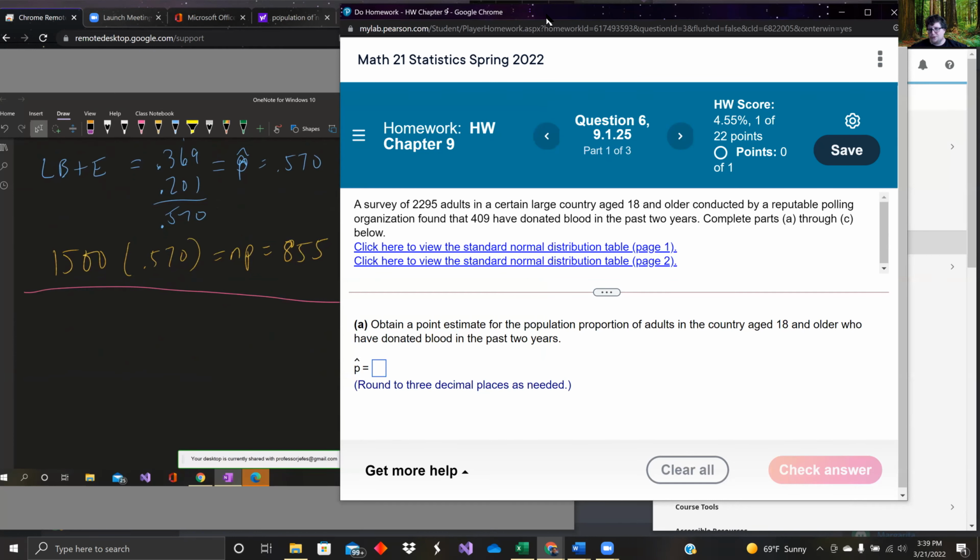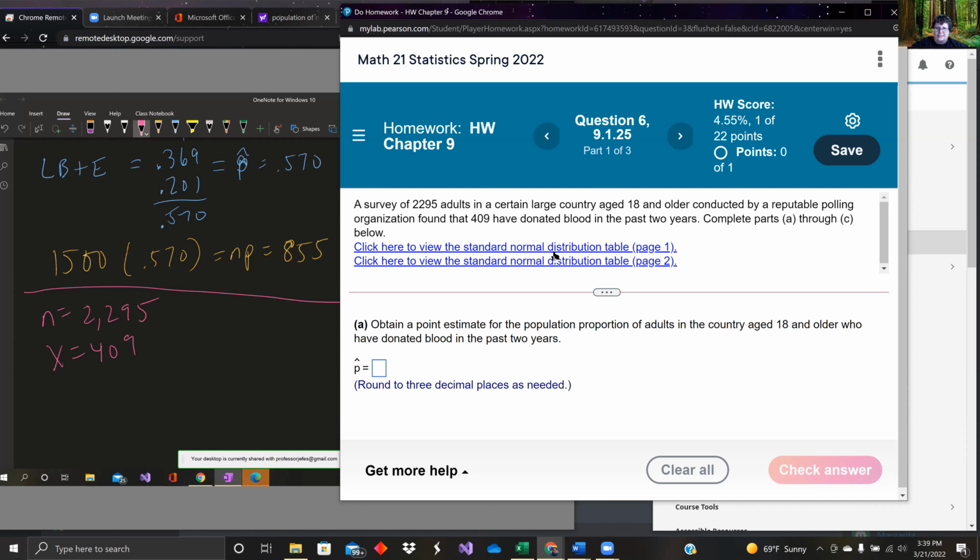That's got to be my N, right? Right away, it's telling me what N is. A survey of 2,295 adults in a certain large country, age 18 and older, conducted by a reputable polling organization, found that 409, that's going to be my successes, have donated blood in the past few years.